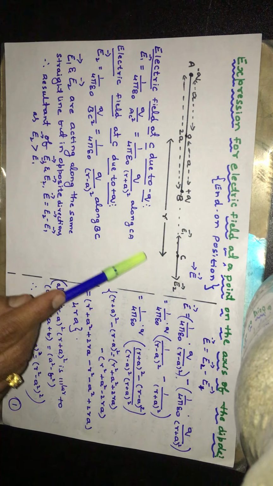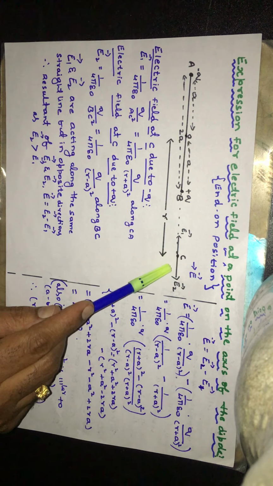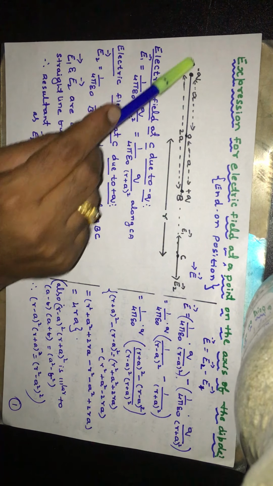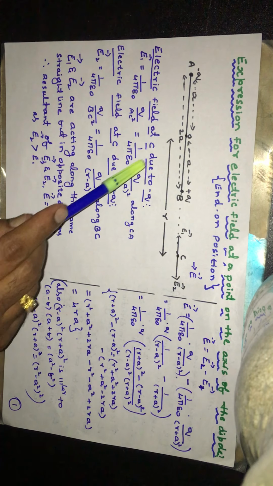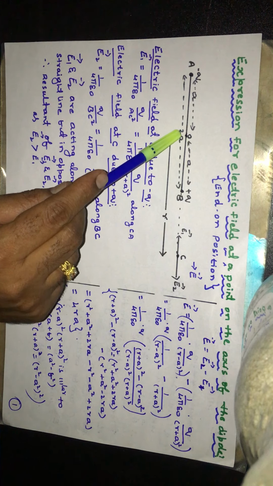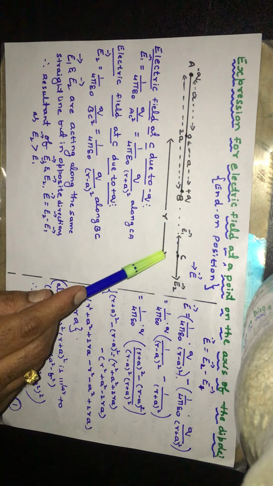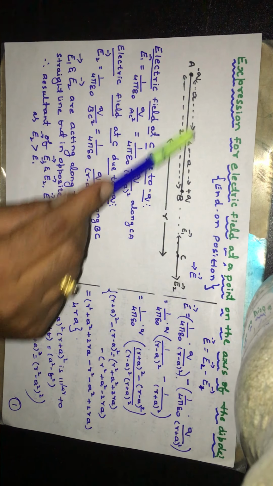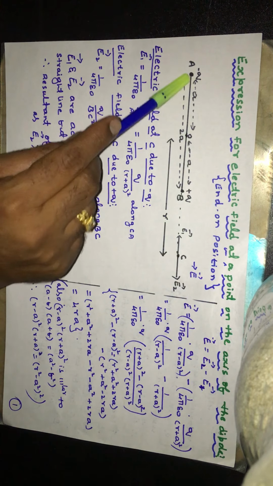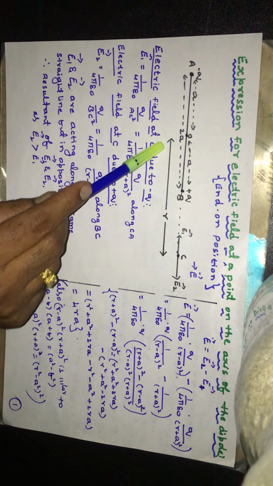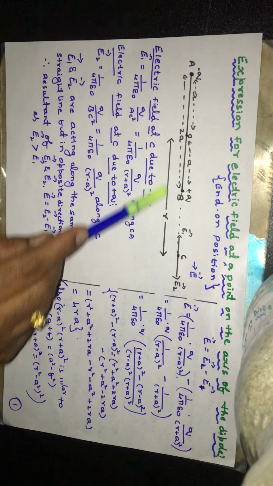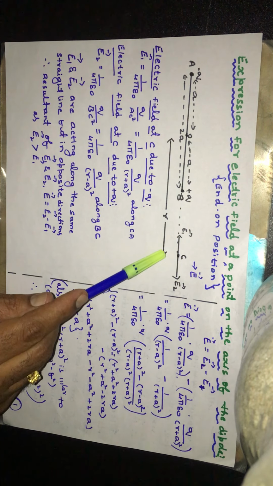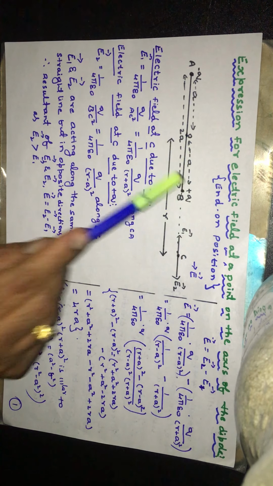We are interested in deriving an expression for the electric field, or resultant field, at C due to these two charges minus Q and plus Q. The distance from O, the center of the line joining the two charges, to the point C is R. So, the distance from A to C is A plus R, that is R plus A. Whereas the distance from B to C is R minus A.